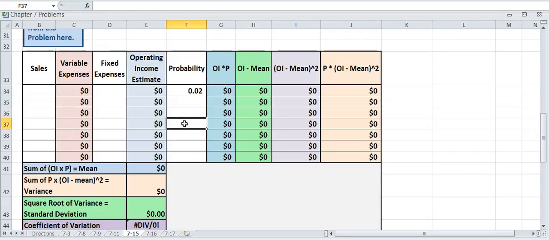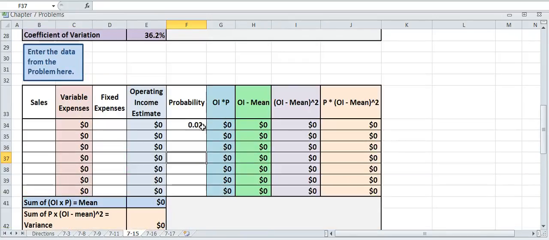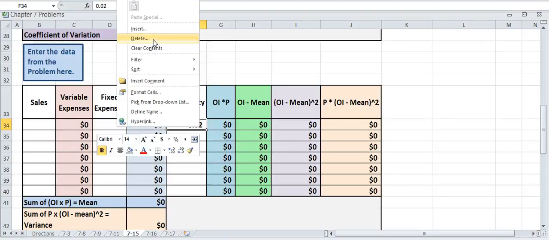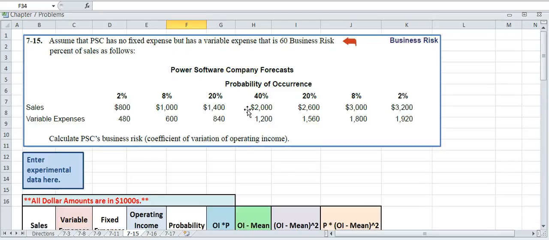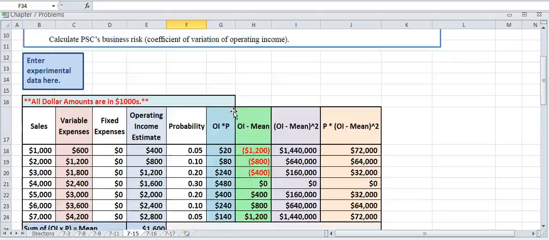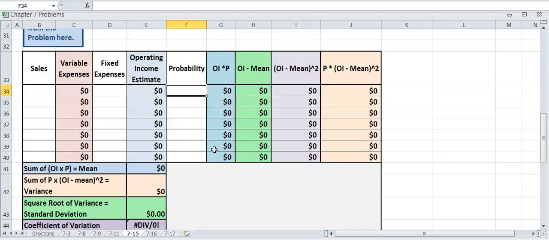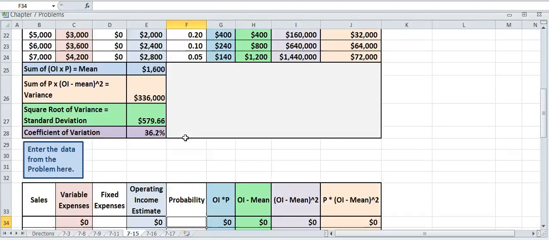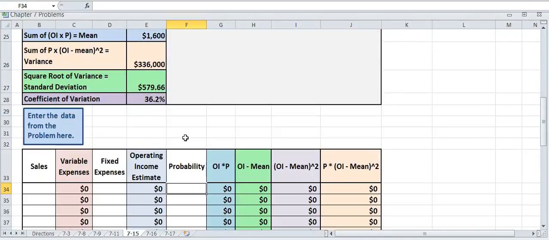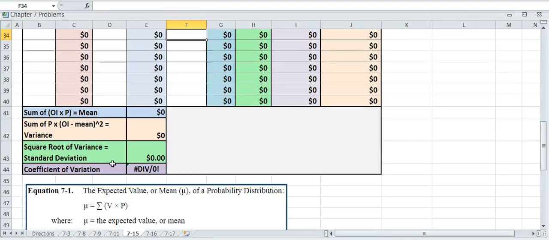And then 0.08, 0.2, 0.4, put those in right there, and then everything else will just fill in for you, and you should get your business risk or coefficient of variation right here.